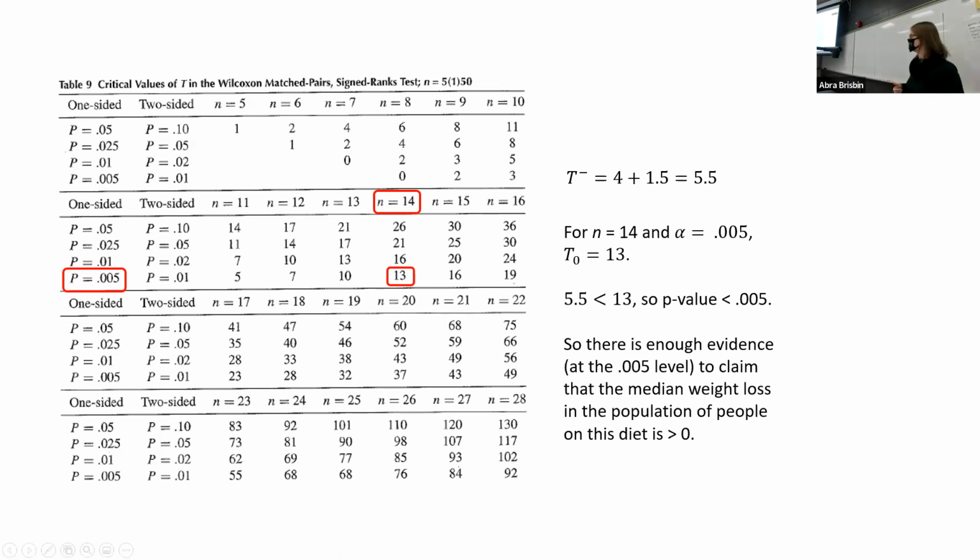So there's enough evidence at the 0.005 level to claim that the median weight loss in the population of people on this diet is greater than 0. So remember that these non-parametric tests are about the shape of the distribution or about the median, not about the mean. So that's a way in which they're different from their parametric equivalents of t-tests. Questions about this example?